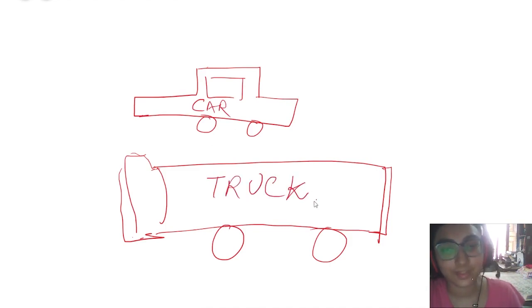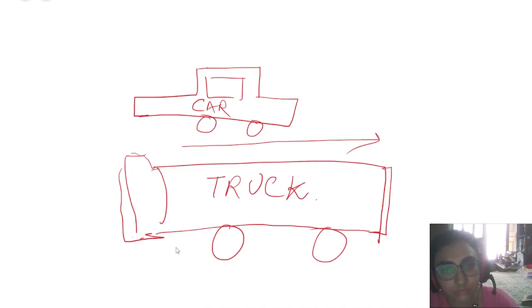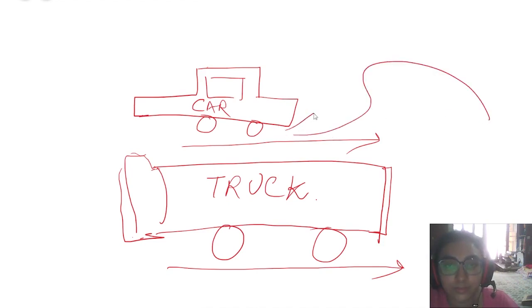Imagine at first both are going on a straight road, no obstacles, nothing. Now suddenly there is a curve. Let's draw it in a better way.